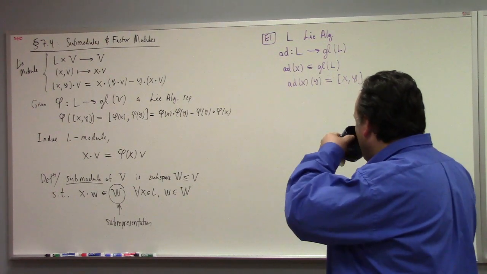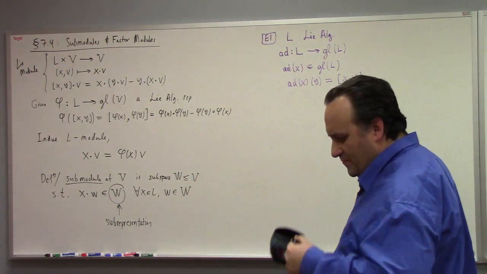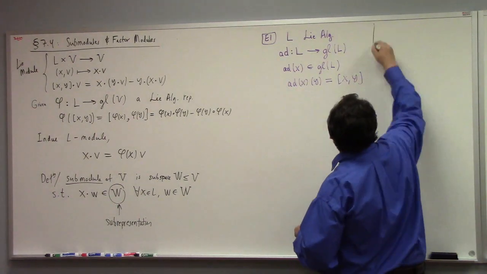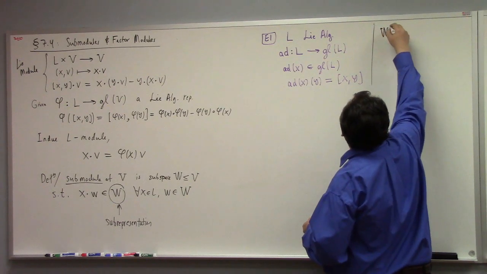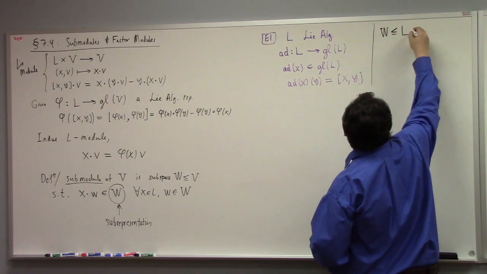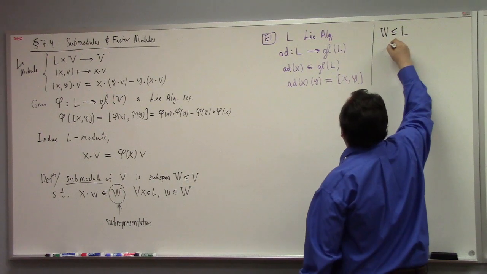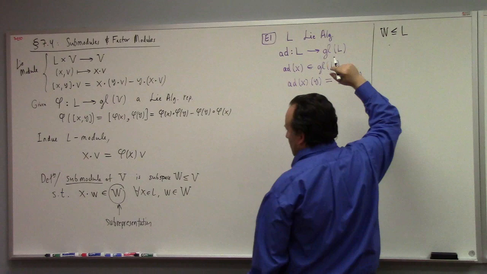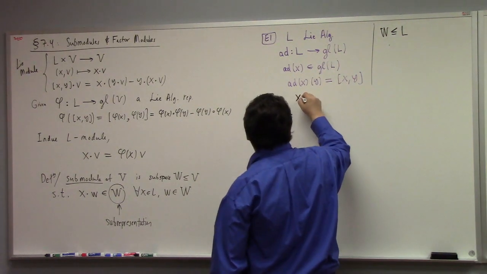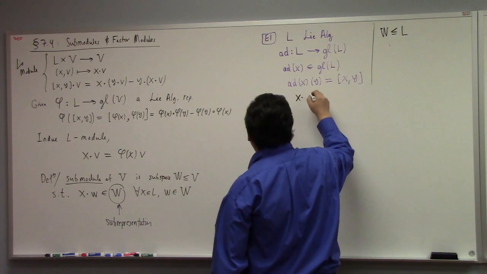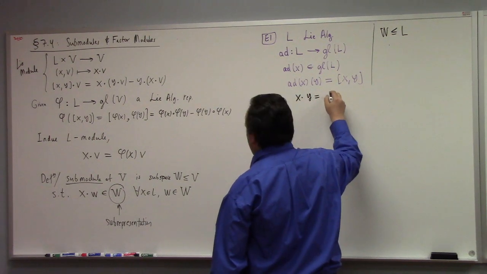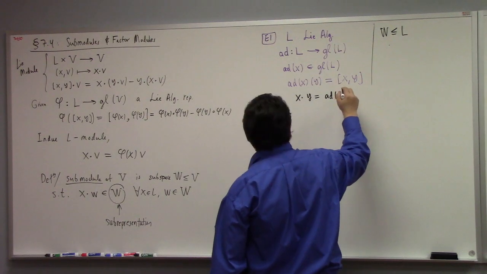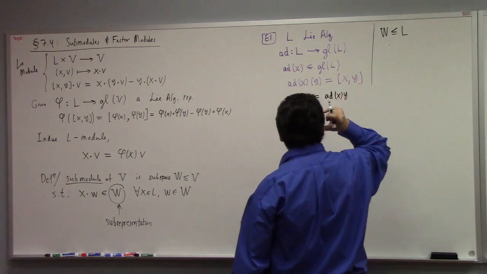Well, we would just need a W, a subspace of L, right? Such that, oh yeah, okay, so here, what's the adjoint? So here we have x dot y equal to ad of x, y, I guess.